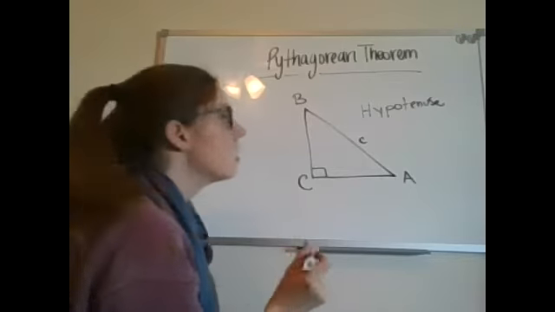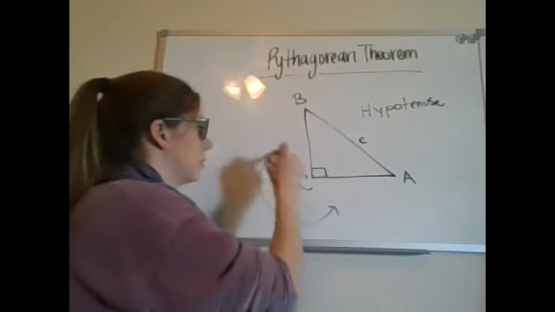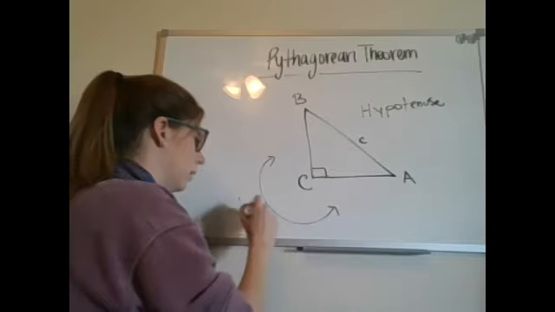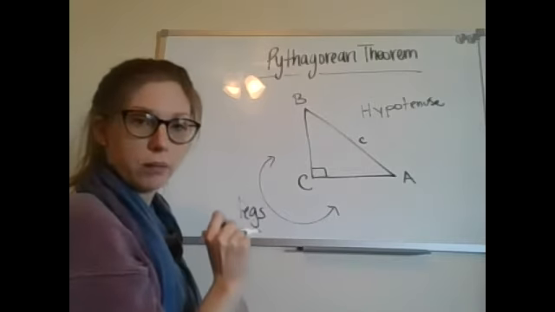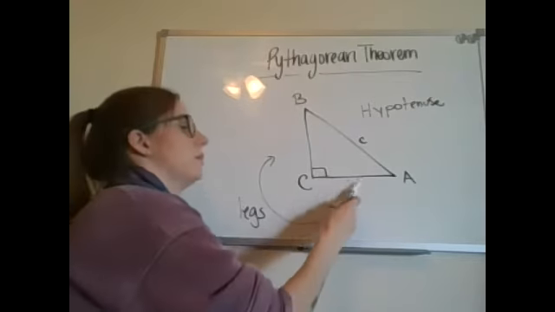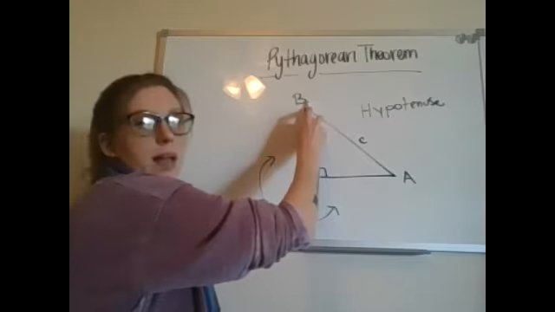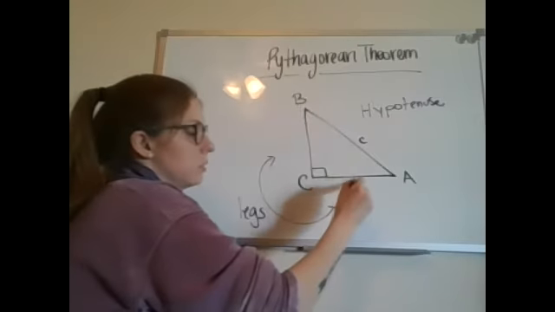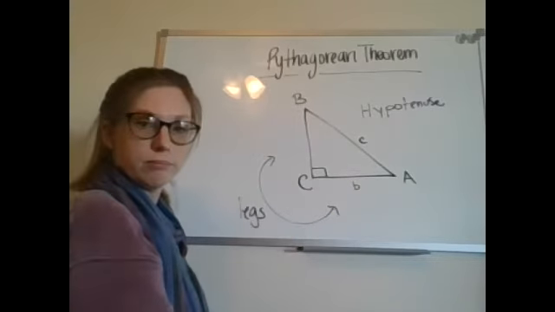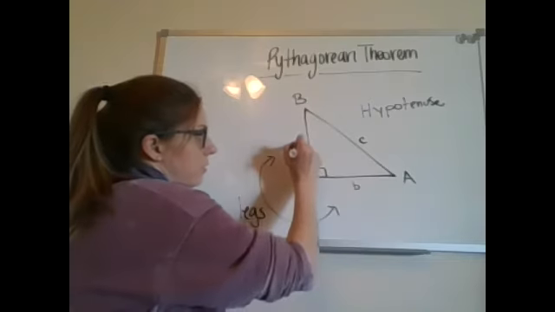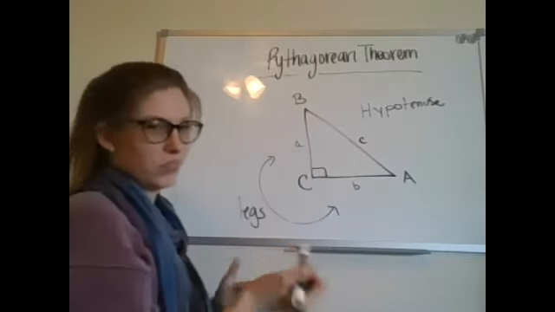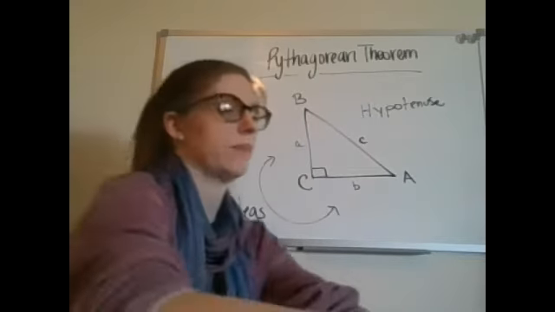These over here are the legs of the triangle. So if I wanted to name this leg, I would look at its opposite angle. It's B, so this side over here would be little b. This side over here would be little a. You don't have to be weird about that, like I am. It's okay.